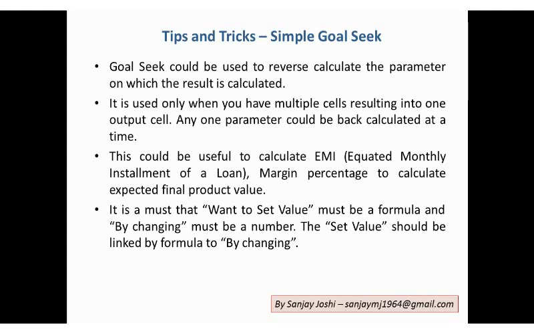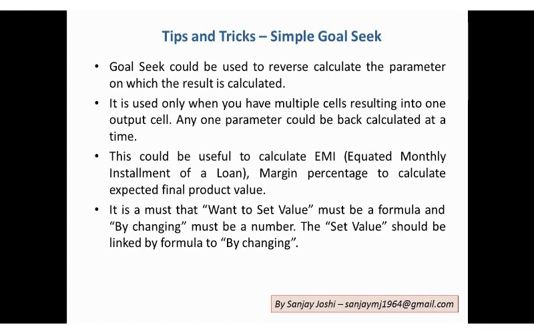It is useful in several scenarios, very often for calculating EMI or equated monthly installments of a loan, or margin percentage to calculate expected financial product value. So there are several things where you have a target number in mind and are ready to change the input numbers, and you are going to take a decision about the input number. That's where you would be using it.